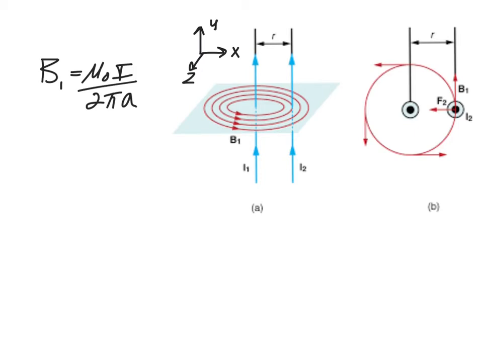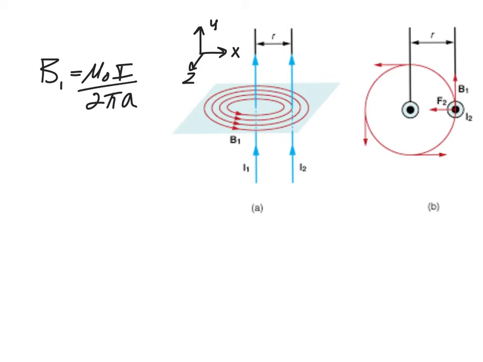So you can see from the figure that the field is coming in and out of the page, coming out of the page, going around, going into the page. So where wire 2 is, this is heading into the page, so it's negative k hat.